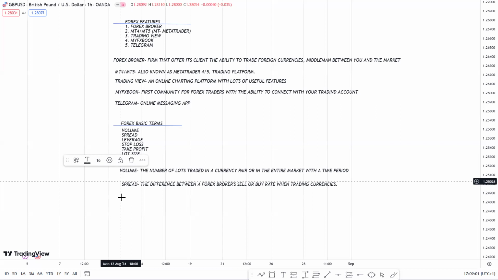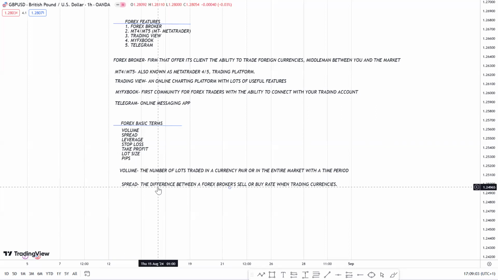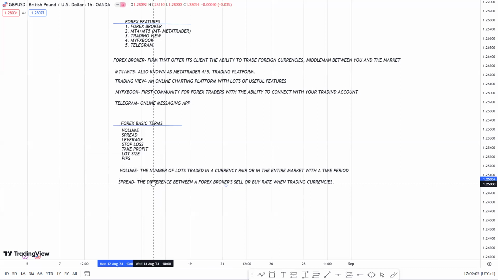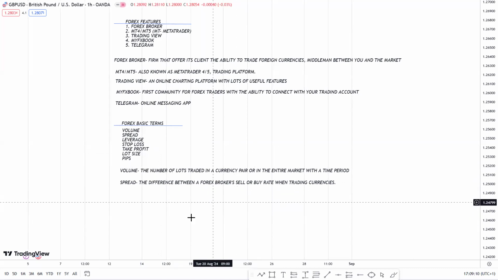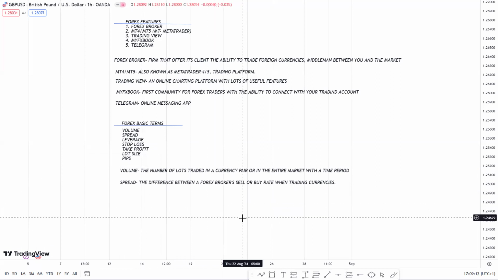So this spread is the difference between the sell rates or buy rates a forex broker charges you as a trader to trade.